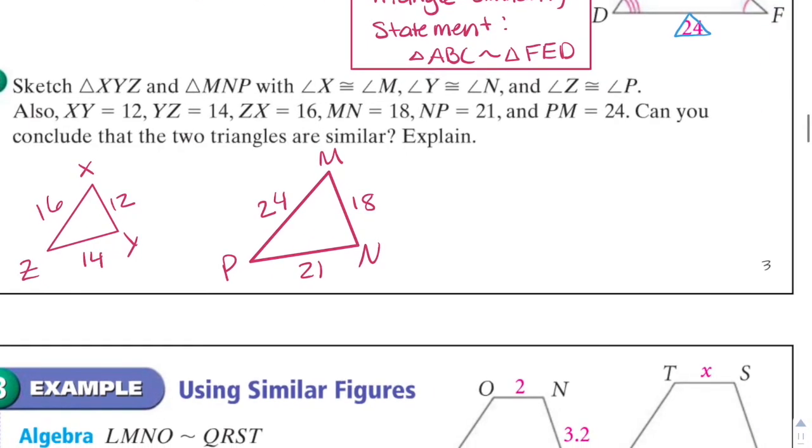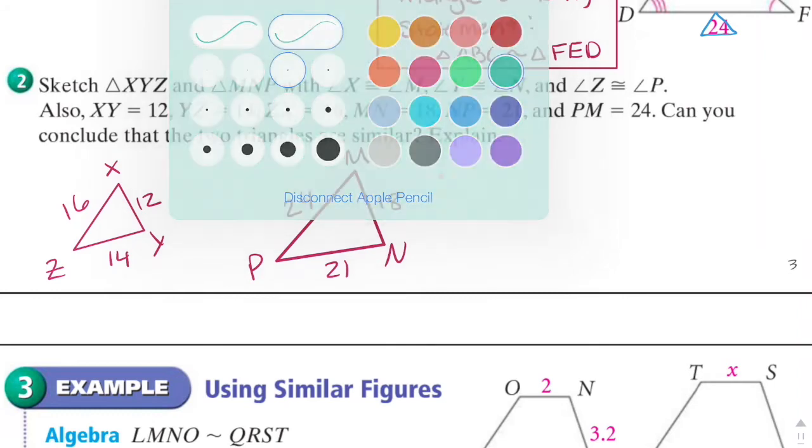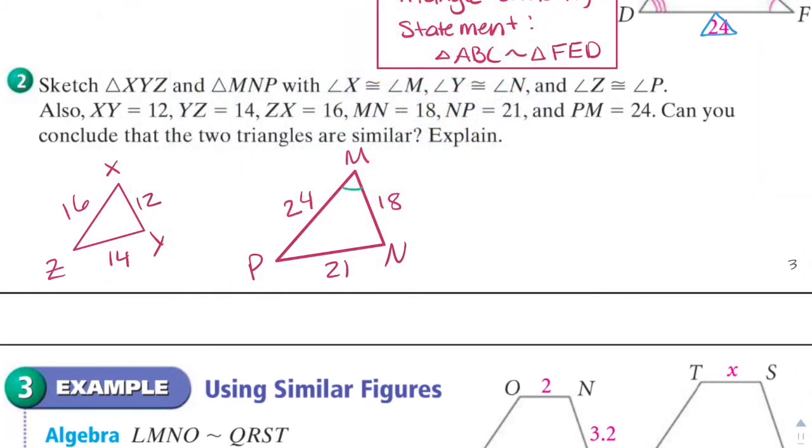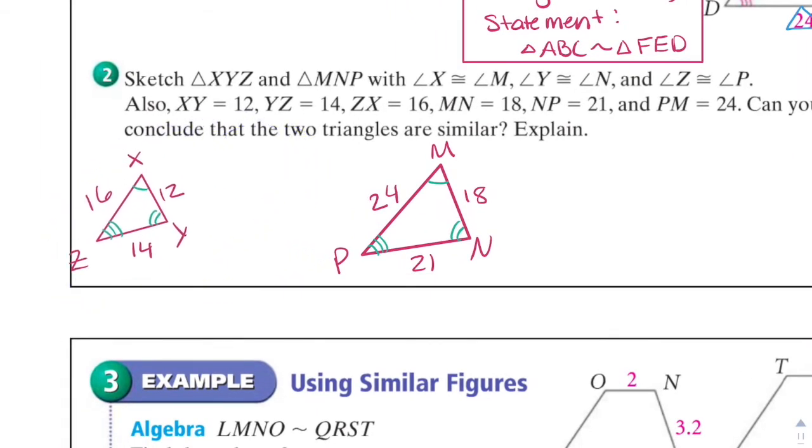I'm gathering all of this right from the reading, from the language that's there. And I'm going to match up the angles because it tells me that they're congruent, which is great. So we already have that the angles are congruent. We just are going to try to determine if the triangles are similar.